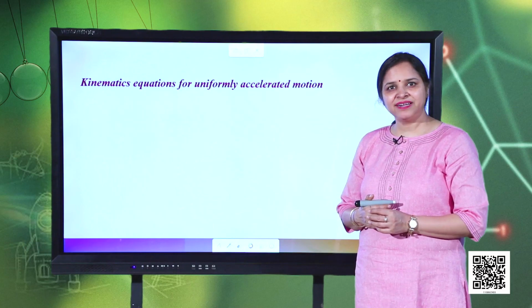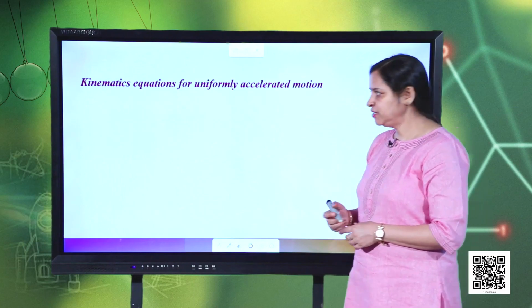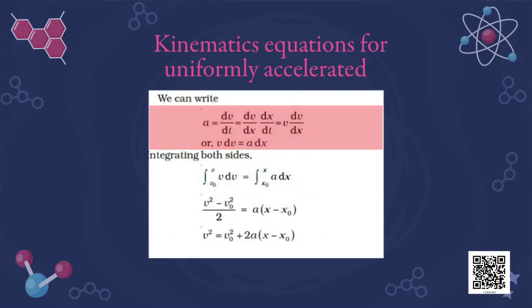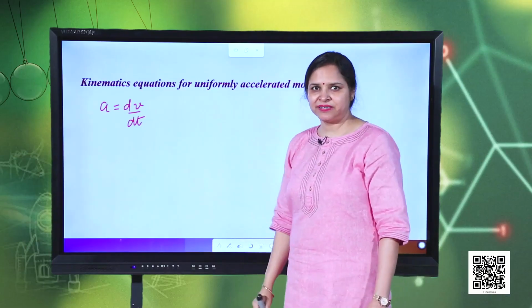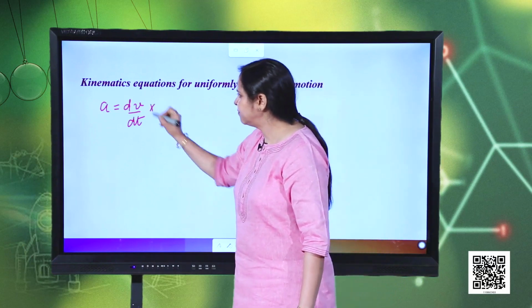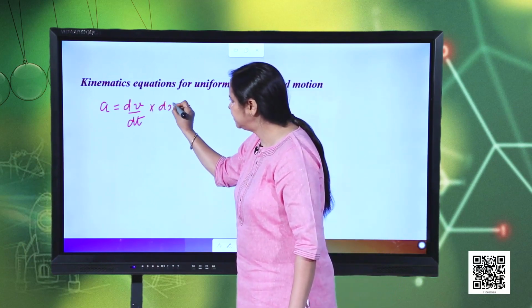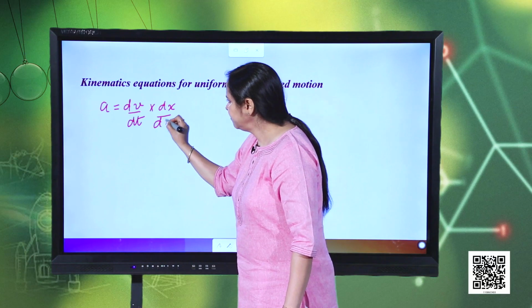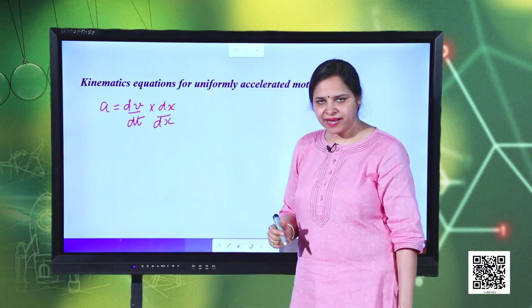Now, let us derive another equation of motion, for which we again start with the equation of instantaneous acceleration, where we write a is equal to dv by dt. Now, in this equation, if I multiply and divide the right hand side with dx, it does not make any difference in the equation, right.